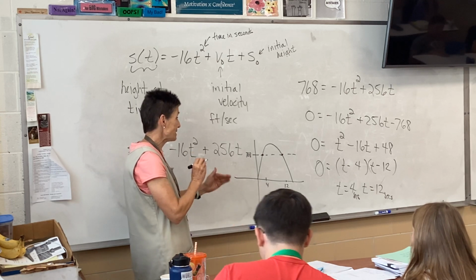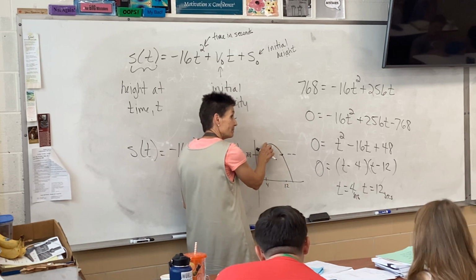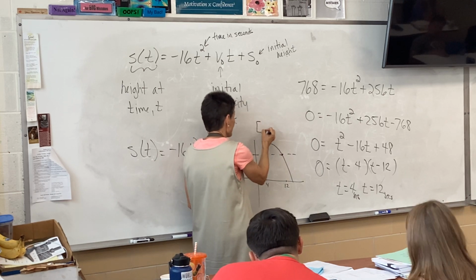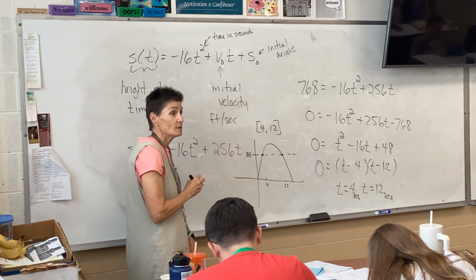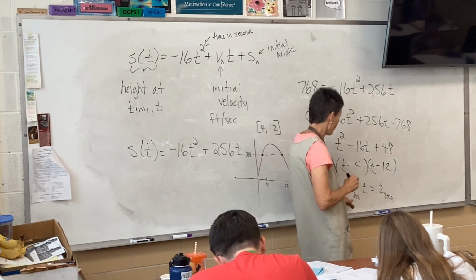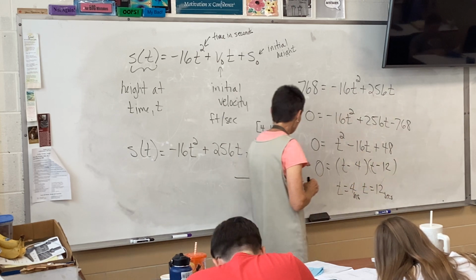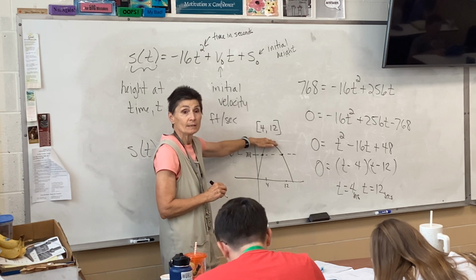So at least 768 would be here. So the answer to that question is the interval from 4 to 12. The answer to question A was exactly 4 seconds, exactly 12 seconds. Question B is the interval in between.